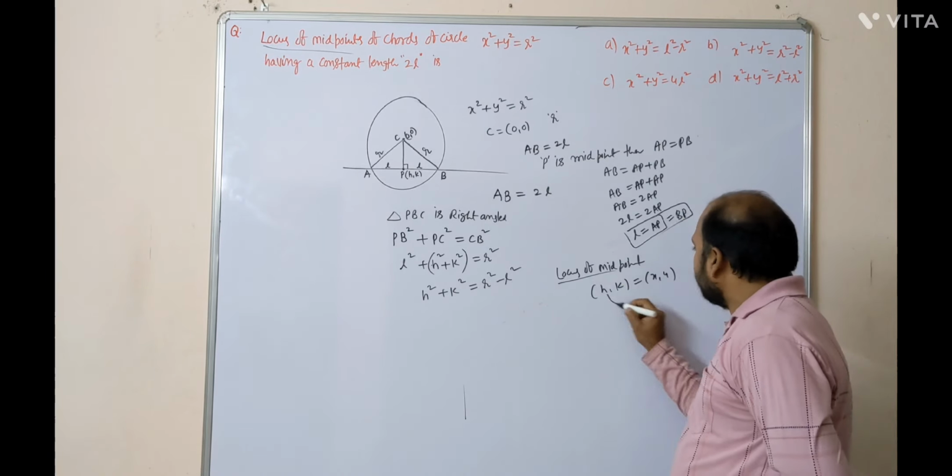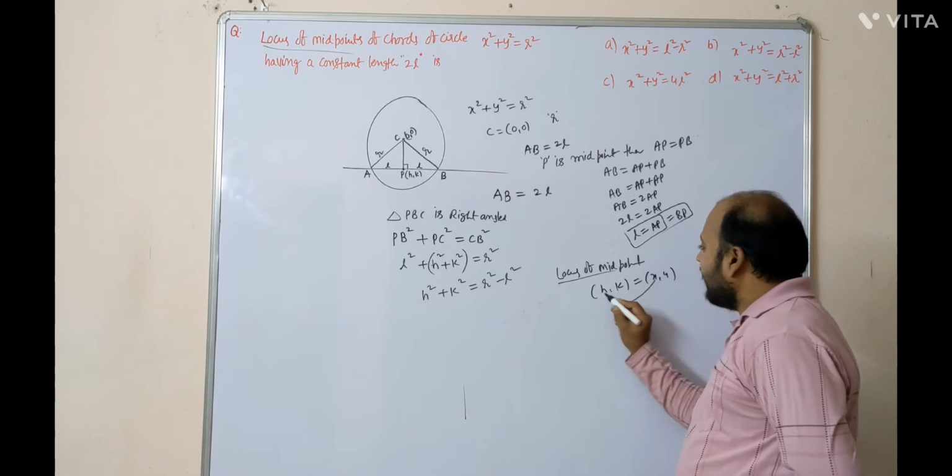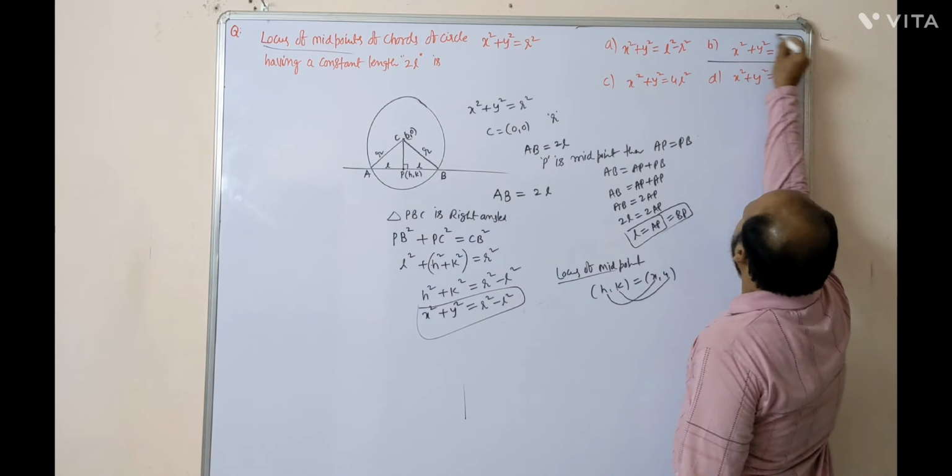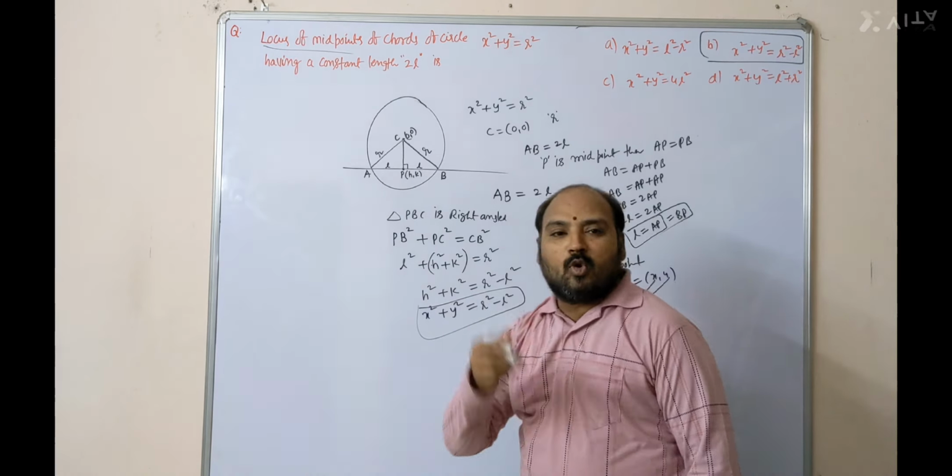Wherever h is there, put x, and wherever k is there, put y. So we can write x square plus y square is equal to r square minus l square, which is the required locus. It is there in the second option, dear students. We'll move on to the next question.